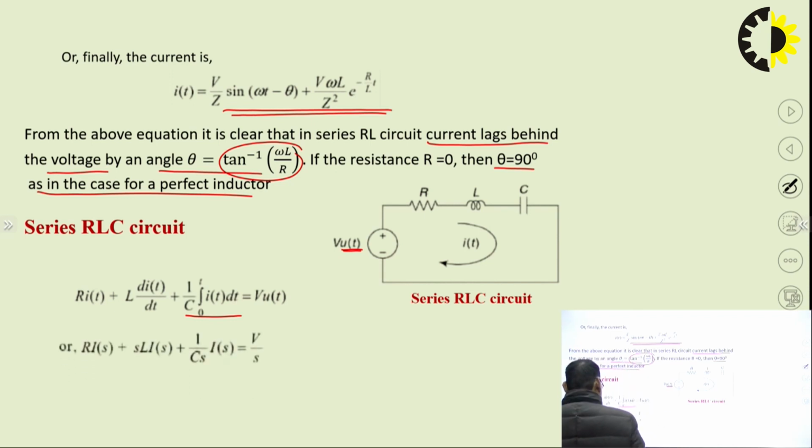Take the Laplace transform. So this is the first order variable, s L I(s). The initial current through the inductor and the initial voltage across the capacitor are 0. So all the initial conditions are set to 0 in this equation.